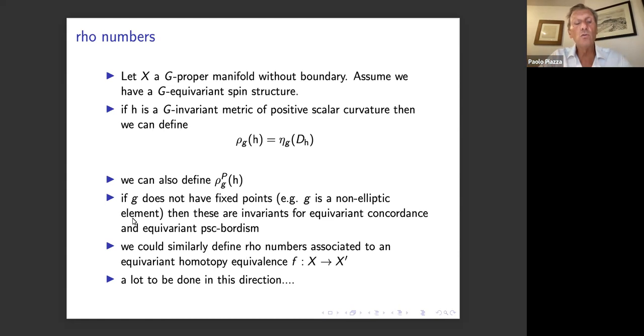Now here you would have to do equivariant surgery, and equivariant surgery is a well-developed subject when G is a compact group, but basically nothing has been done when G is acting properly on your manifold. So there is a lot to be done here, and these are very difficult subjects that need to be developed somehow. We haven't done that, I will tell you.